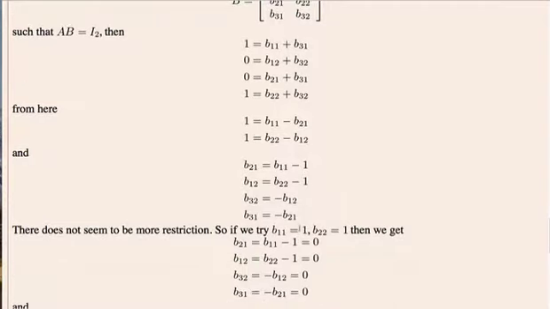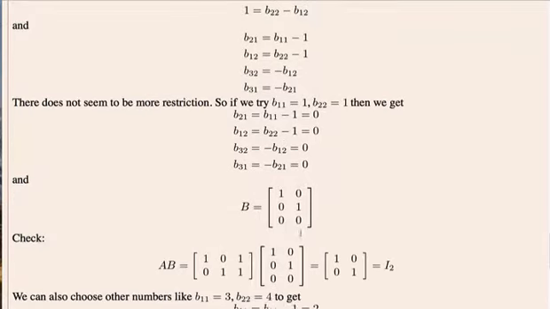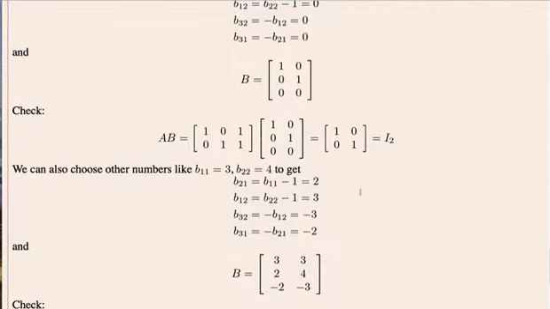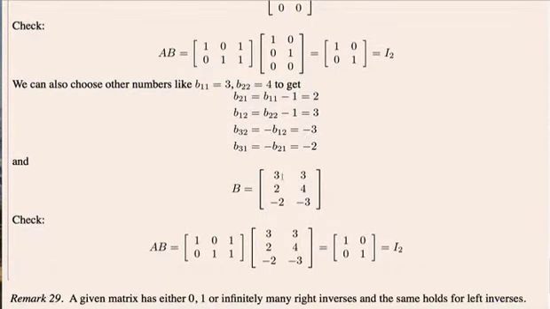So for example, if you choose 1, 1 for B11 and B22, you get all the other entries are 0, so then B has this form. And if you check, A times B is really the identity matrix. And then if you choose some other number for B11 and B22, for example 3 and 4, then you get some other numbers and some non-zero numbers for the rest of the entries.